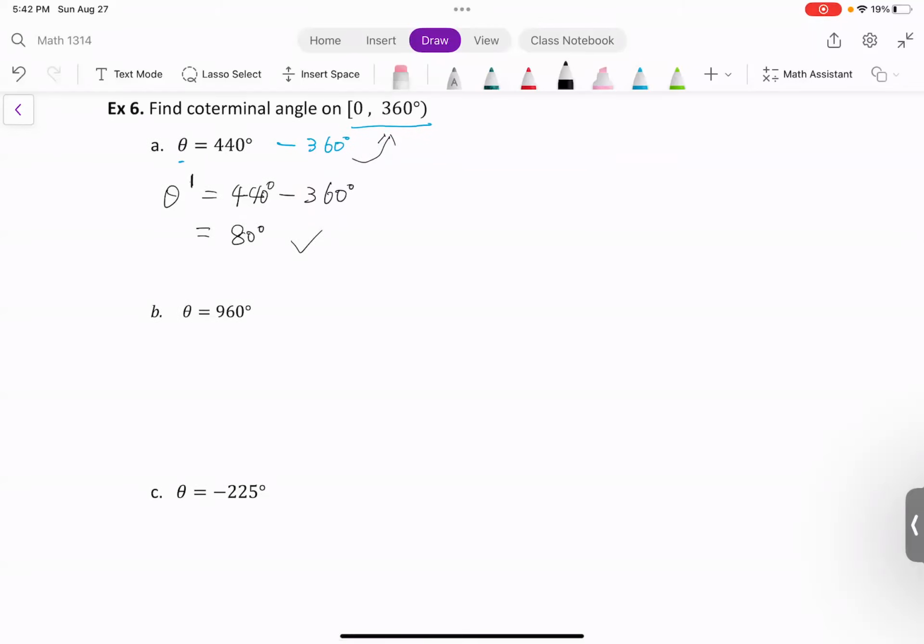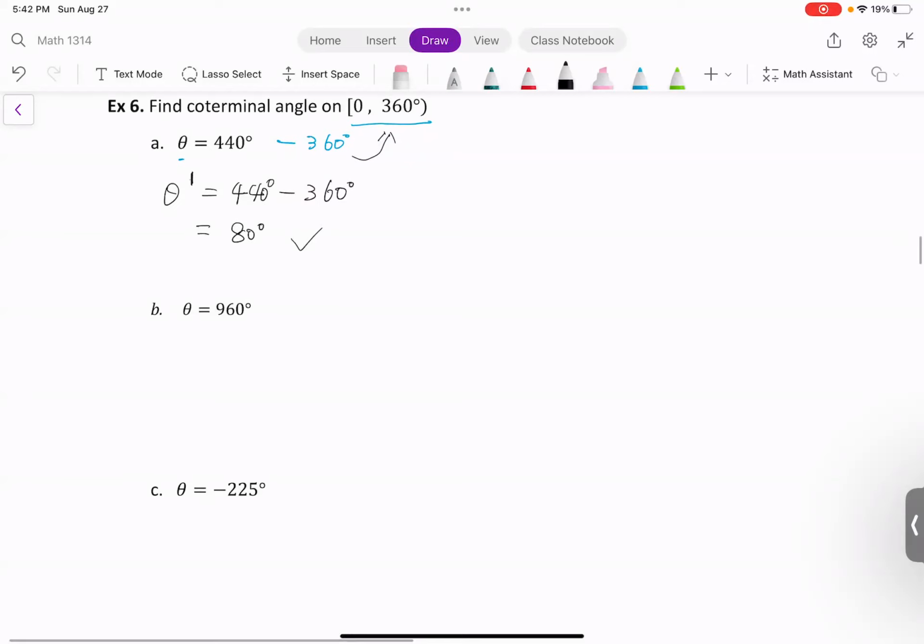How about number B? Theta equals 960 degrees. Because this is a big angle, I can subtract one rotation, or if one rotation is not enough to land in the interval, I can subtract 2 rotations. So 960 is a big angle.